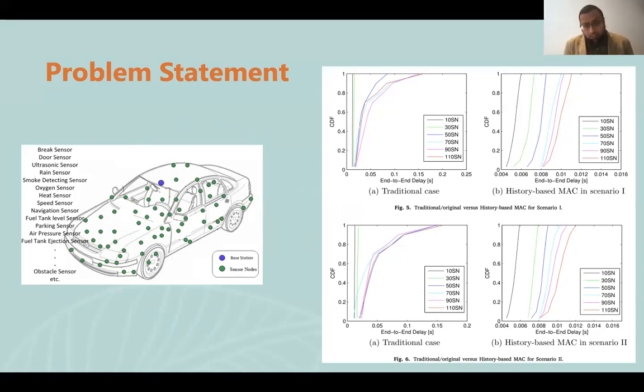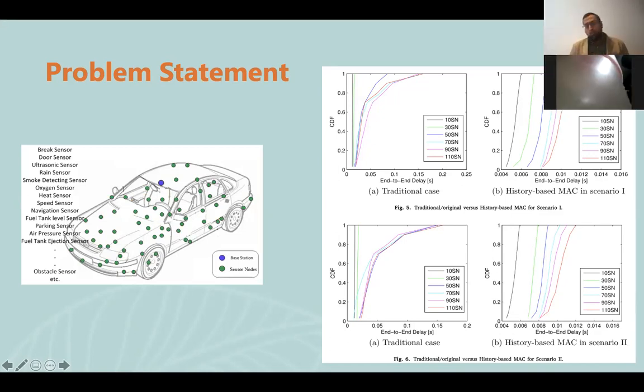So what we have done, in order to check how the existing communication technology works, is design a network scenario where we keep one base station and a lot of sensors connected to it and communicating. We use a star topology, so one-to-one one-hop communication.